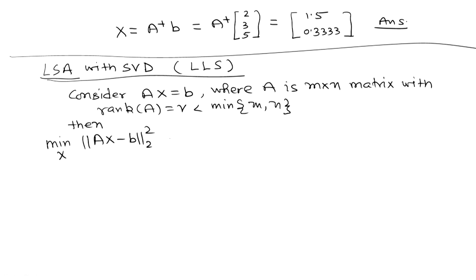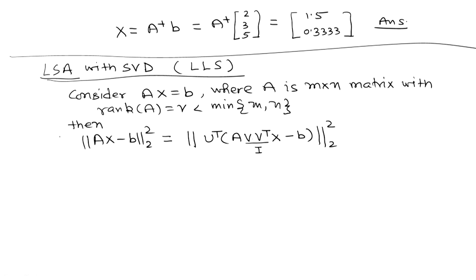So, in particular, I can write this as U transpose A V V transpose x minus b. Here you know that V into V transpose is I. So, A V V transpose x will become simply A into x minus b. So, this bracket term is similar to this one.